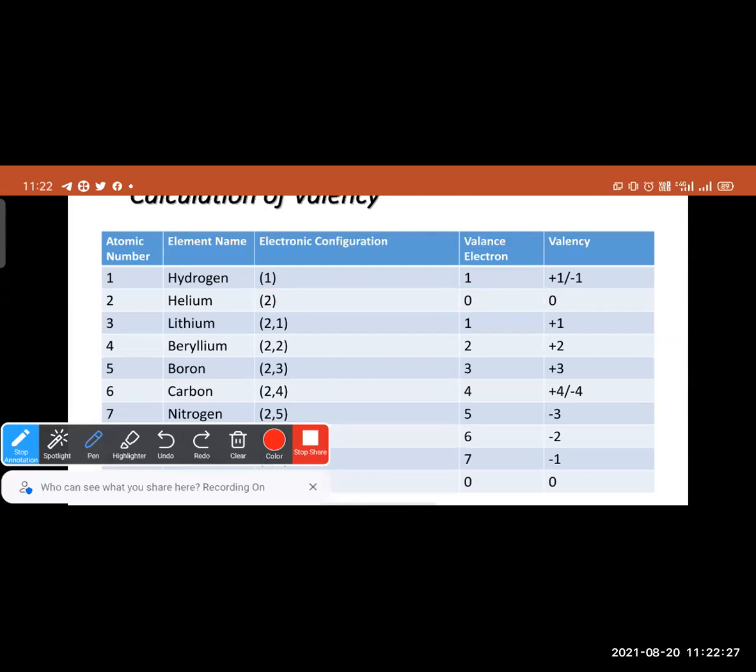In case of lithium, the atomic number is 3 and the electronic configuration is 2, 1. So the outermost orbit will have 1 electron. Therefore, the valence electron is 1. It can donate 1 electron or accept 7 electrons.